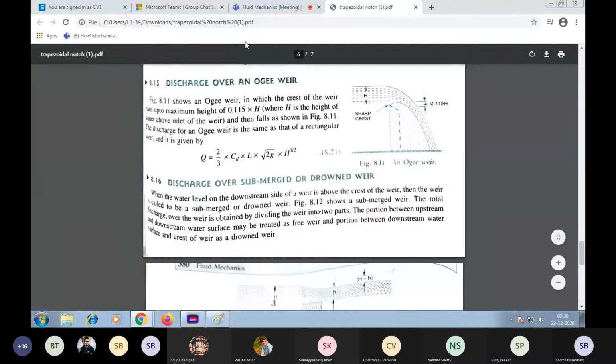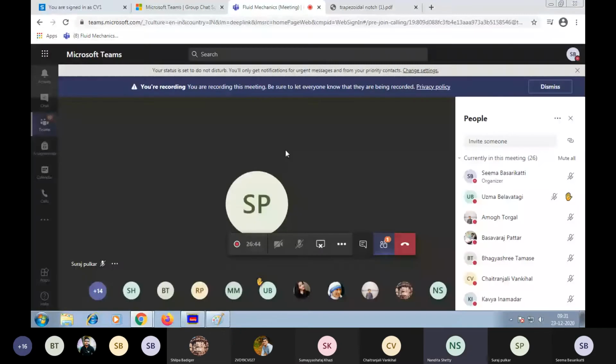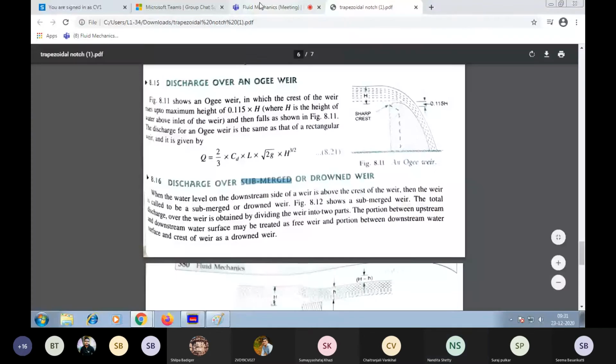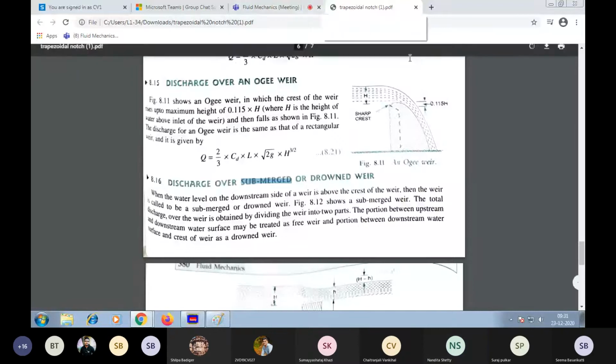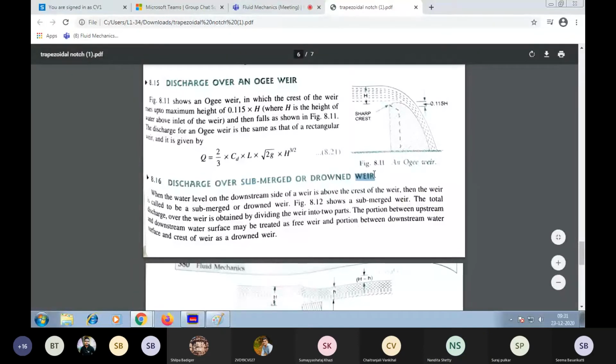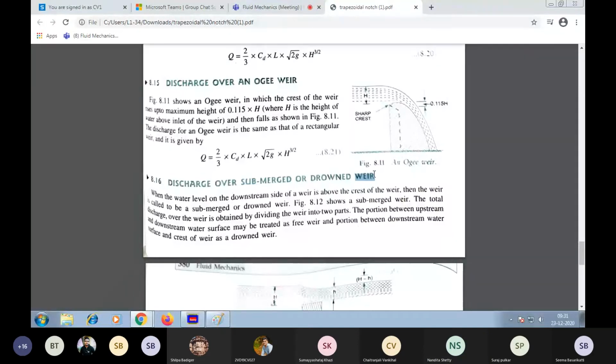Have you heard these words? Submerged. Ma'am, above the crest of the weir, ma'am. Tell me the general definition, not related to weirs and notches. Just tell me the meaning of submerged or drowned.